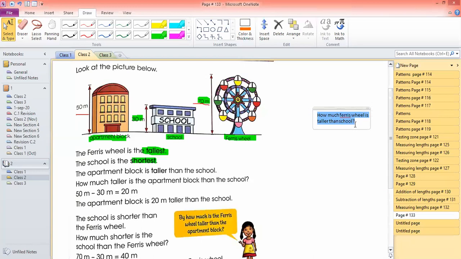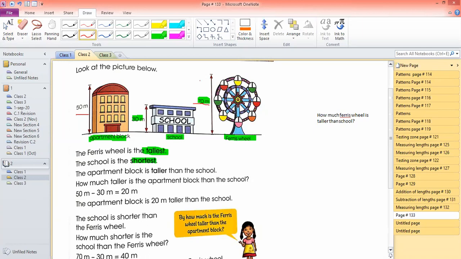50 meters. It's in meters, not in centimeters. How 50 meters? You are comparing the height of the Ferris wheel and the school. First tell me which is taller among the Ferris wheel and the school. The school is shorter, look.